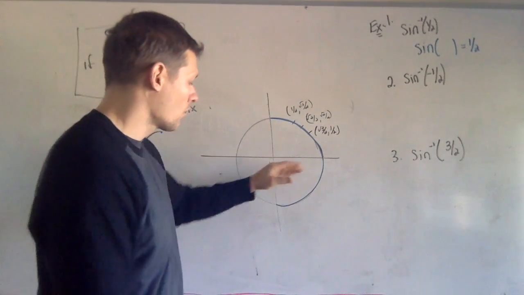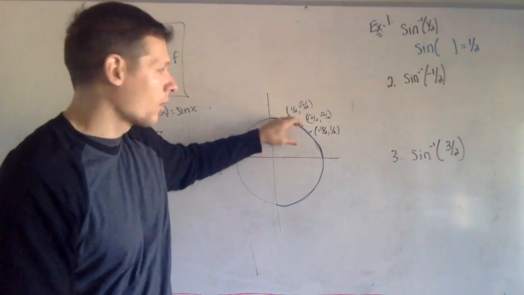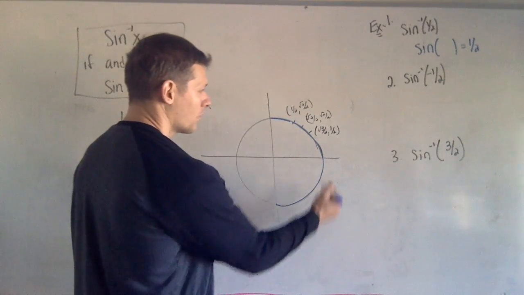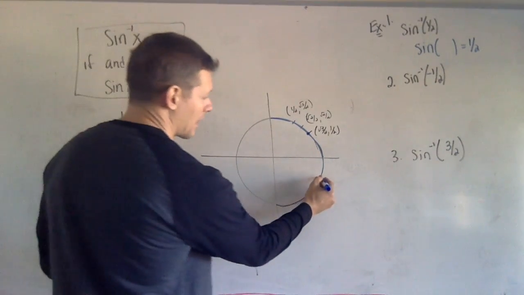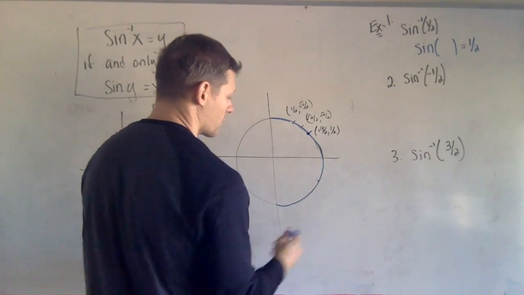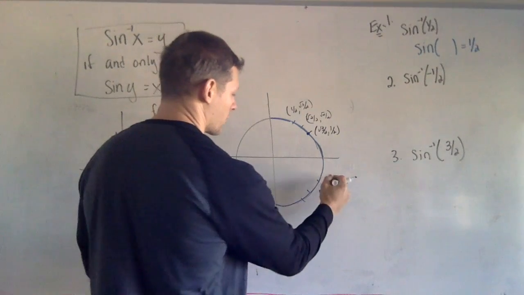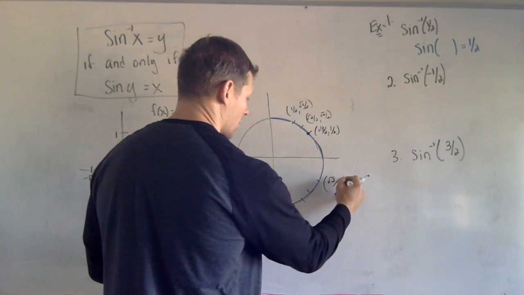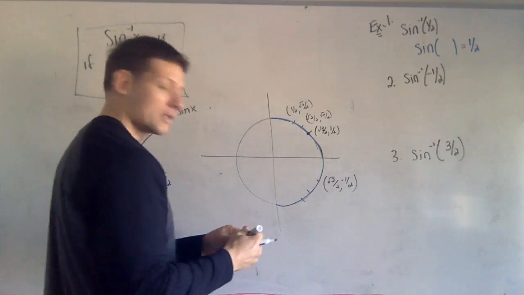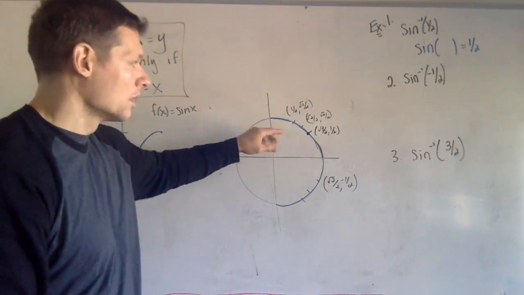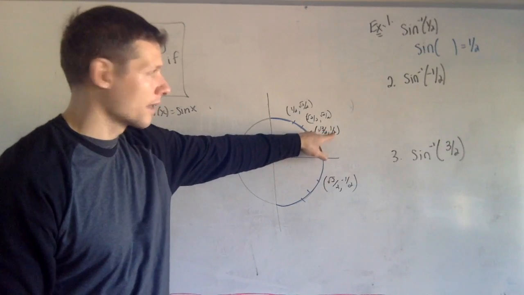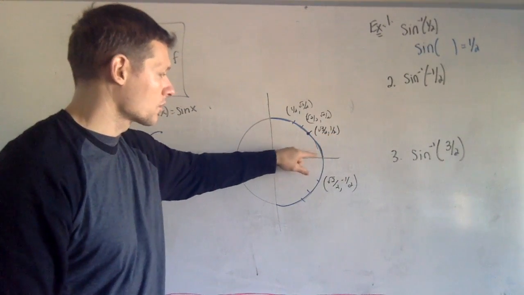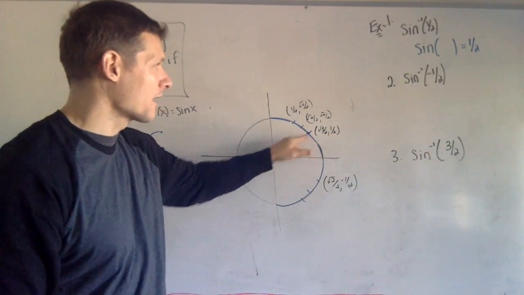Well, when is the y-coordinate 1/2 in quadrant 4 and quadrant 1? The y-coordinate's 1/2 right there, isn't it? Over here we've got the mirror image: root 3 over 2, comma, negative 1/2, and so forth. But the only time on this unit circle in quadrant 4 and quadrant 1 that the y-coordinate is 1/2 is right here, and that of course corresponds to a length of pi over 6.